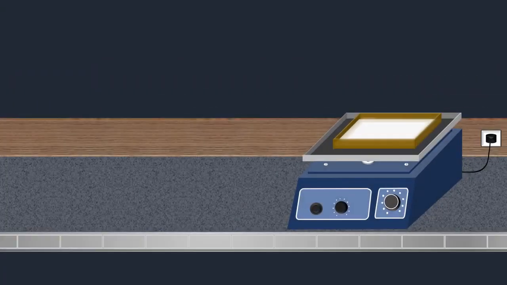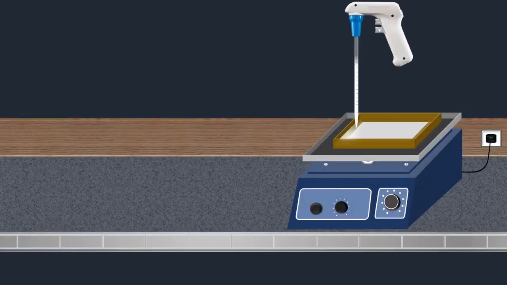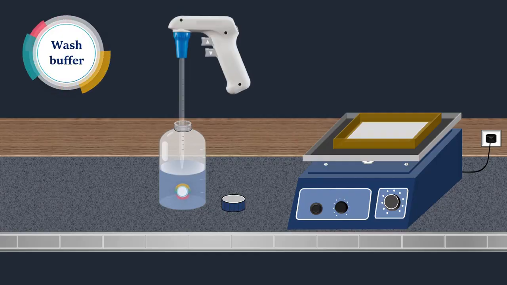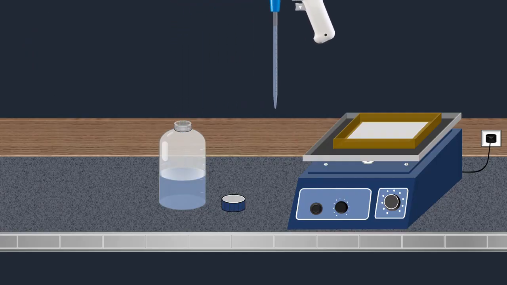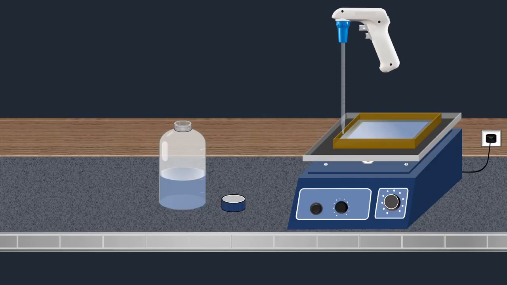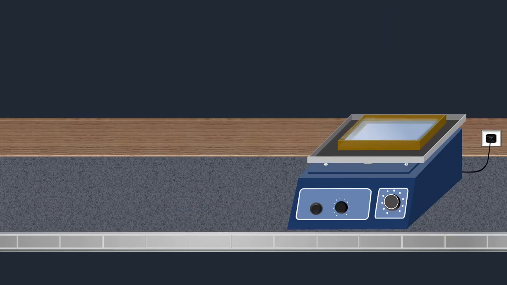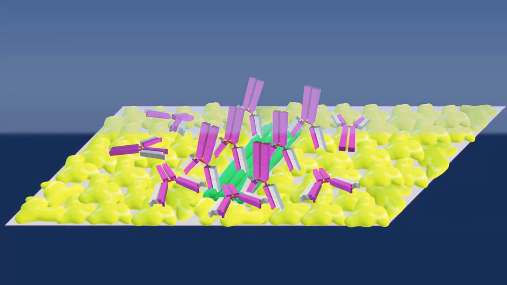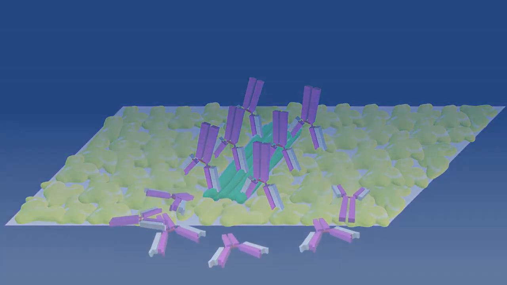Following incubation, the primary antibody solution is removed. Then a wash buffer is poured. Next, the membrane is incubated on the rocking platform. The membrane is washed several times in wash buffer to remove unbound primary antibody and thereby minimize background.